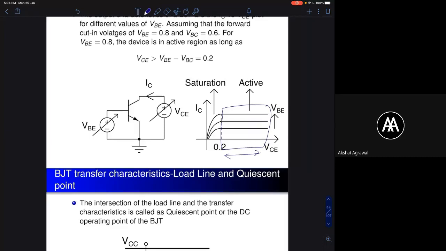So you may have to use some free online software, one of them being LT-Spice. If you are interested, you can refer to that. But the TAs will demonstrate to you how to run the simulations.